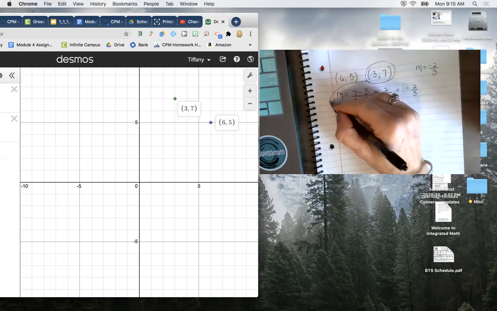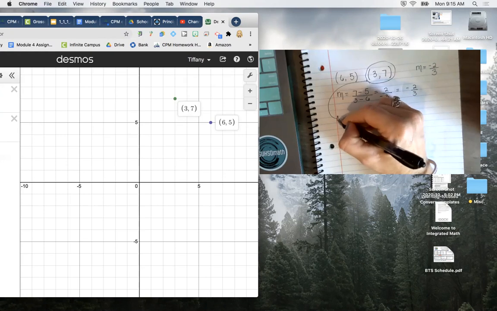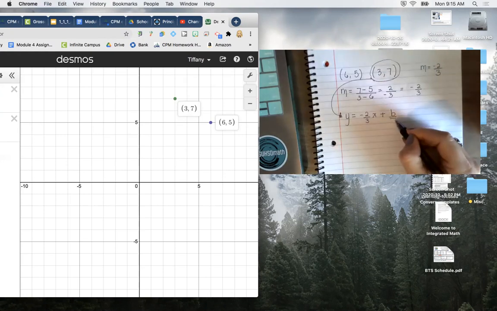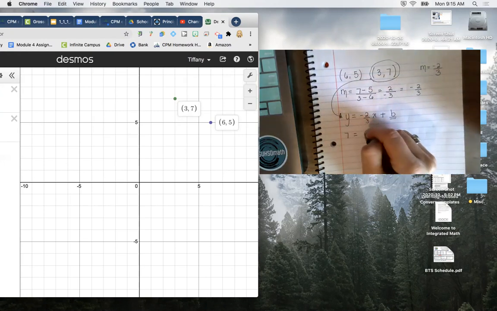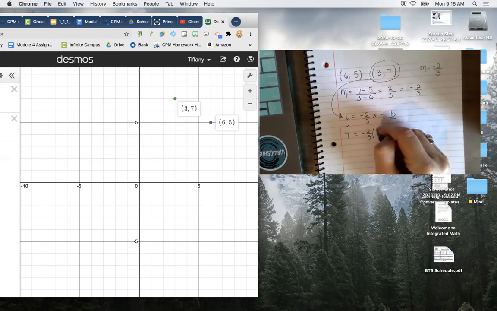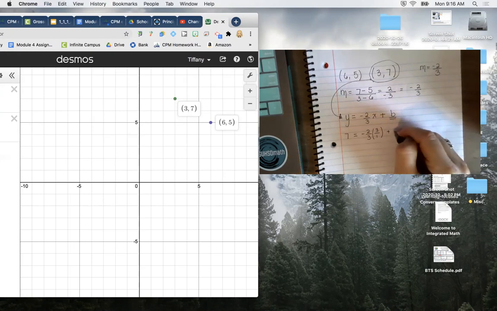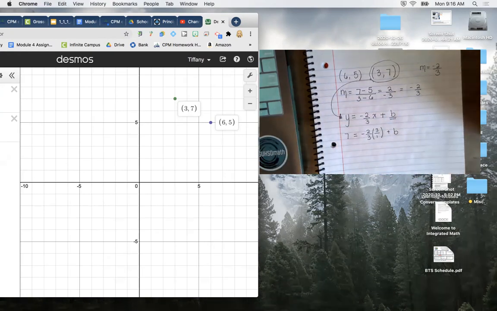It doesn't make a difference at all, but I'm going to plug that in for x and y and solve for my b. So I have y is 7, so I have 7 is equal to -2/3, and my x is 3, which is like 3 over 1, plus b. Well, I'm sure you guys can see, you could do -2 times 3, which is -6, over 3 times 1, right? So I'm going to get -2 there.